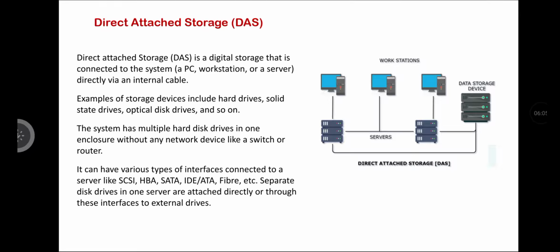The system has multiple hard disk drives in one enclosure without any network device like switches or routers. It can have various types of interfaces connected to a server like SCSI, HBA, SATA, IDE, parallel ATA, fiber, etc. Separate disk drives in one server are attached directly or through these interfaces to external drives.